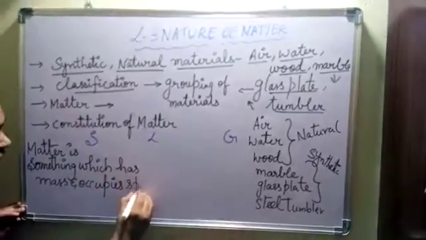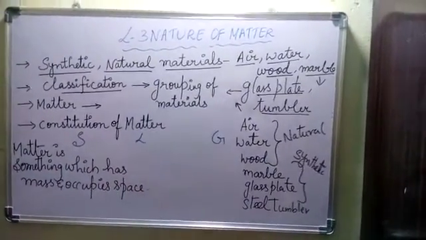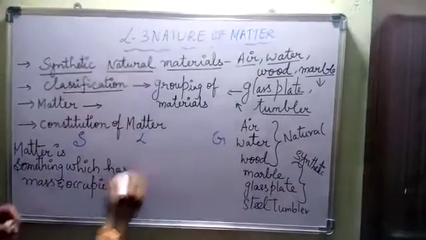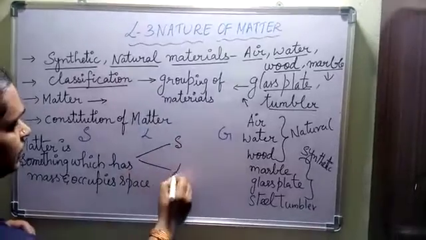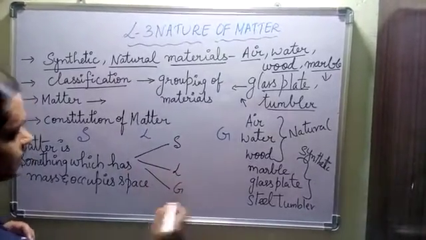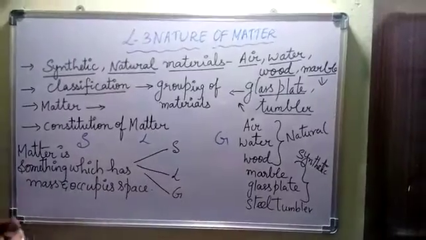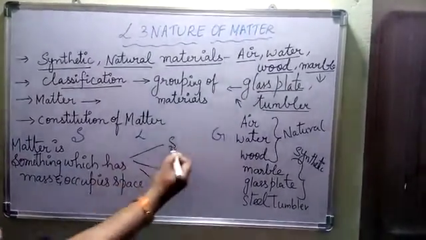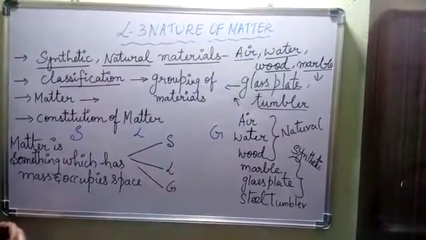This matter which has mass and occupies space is divided into three categories, that is solids, liquids and gases. Whatever things we are seeing around us come under three different categories, solids, liquids and gases.